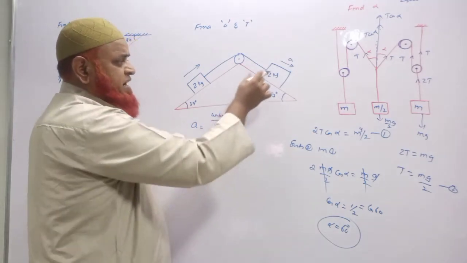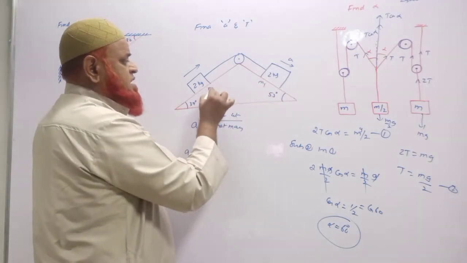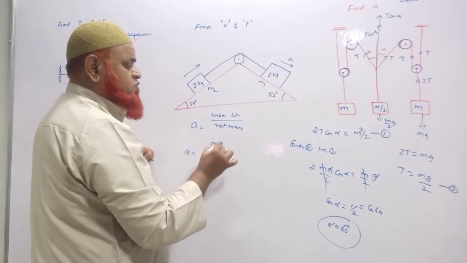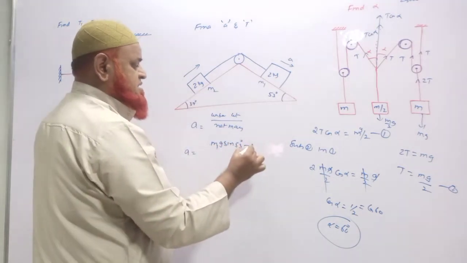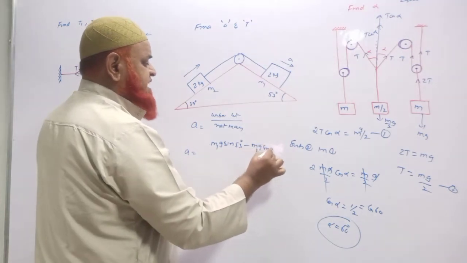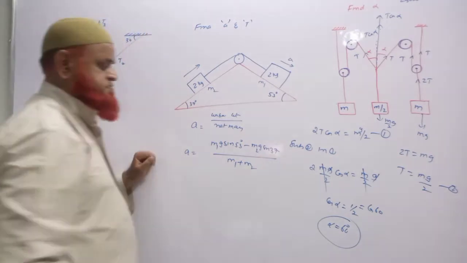So unbalanced weight in this case is, let us imagine this is m1, this is m2. So m1g sine 53 minus m2g sine 37 divided by m1 plus m2.